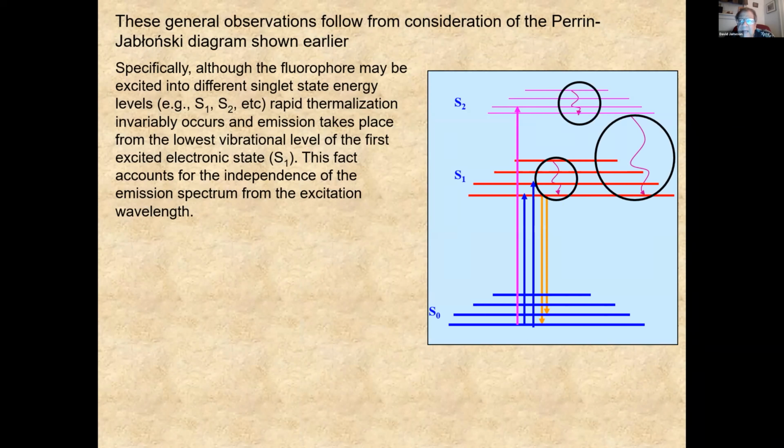So we can excite at different levels, but as we said, no matter where we excite in the excitation energy manifold, we get rapid dipolar de-excitation till we come to the lowest excited state. So hence, it doesn't matter what wavelength we excite with, we always start the emission from the same place, namely the lowest vibrational level of the first excited state.